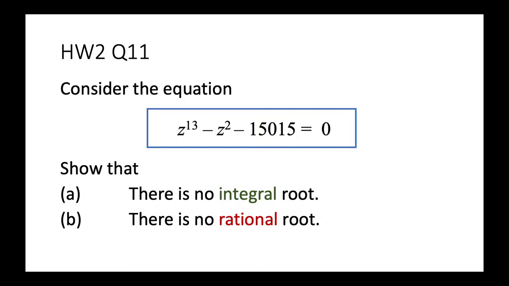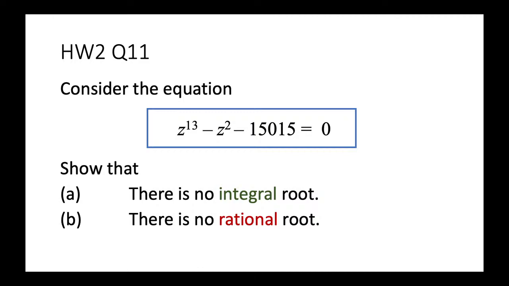And then the next question here is question number 11 in homework 2. For this question, we are considering the equation z to the power 13 minus z to the power 2 minus 15015 is equal to 0.